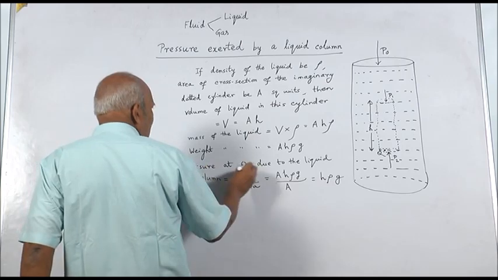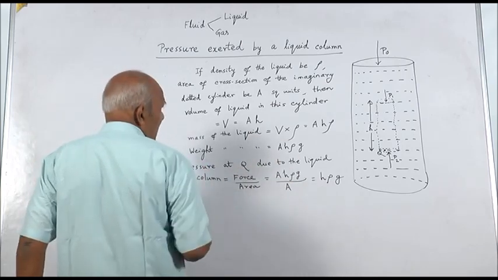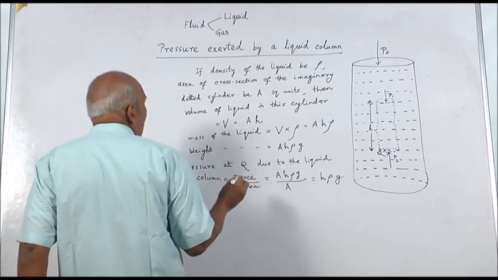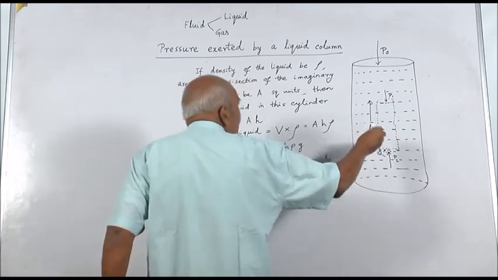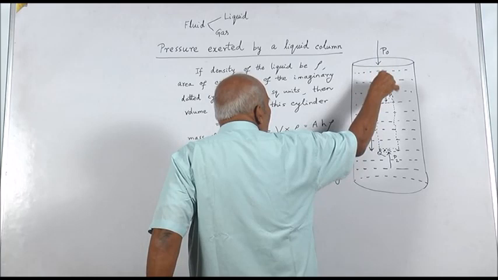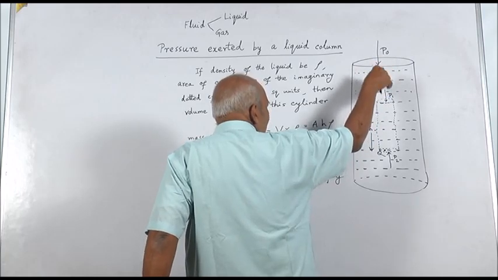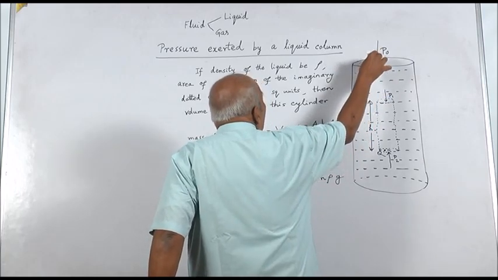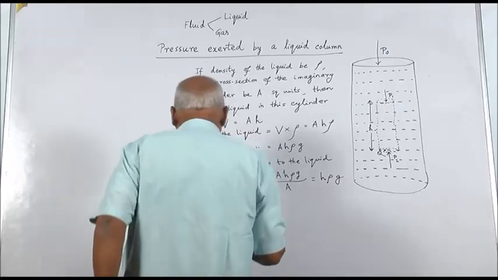So, pressure at Q due to the liquid column is H rho g, and in addition to that there is also another liquid column here. That will also exert pressure, and there is atmospheric pressure.